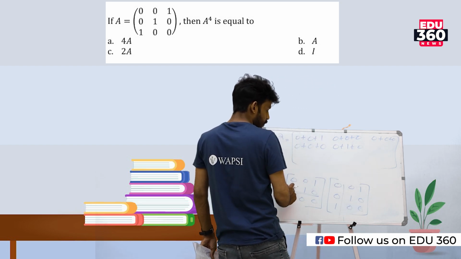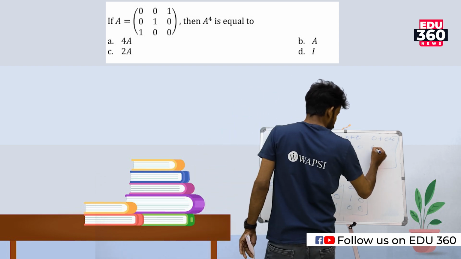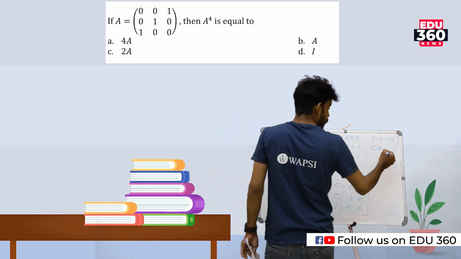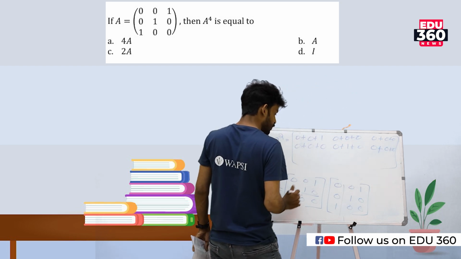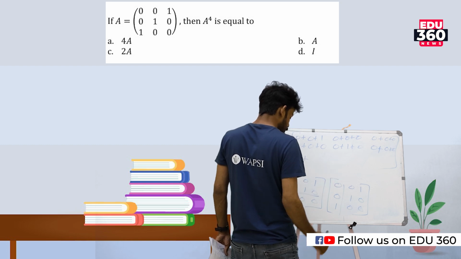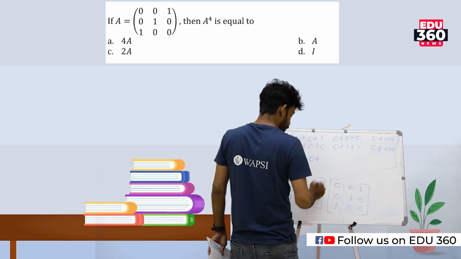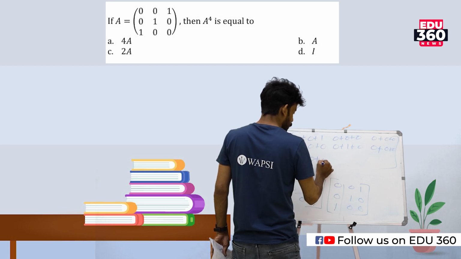Then this row into the last column: 0 plus 0 plus 0. For this one, 0 plus 1 into 0, 1 into 0 is 0, 0 plus 0 plus 0 into 1, 0 into 1 means 0.